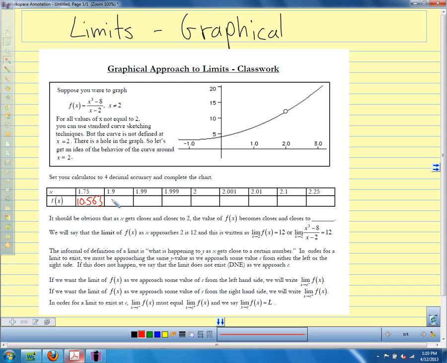At x equals 1.9, so we're almost at 2, I plug 1.9 into this function and I get about 11.41. If I plug in x equals 1.99, just a little bit closer to 2, I get 11.94.